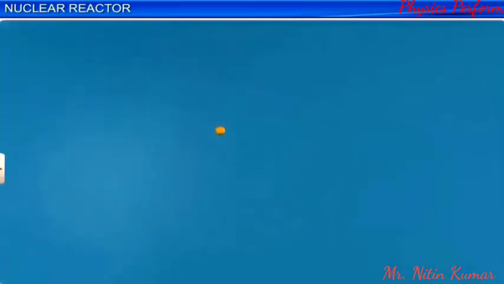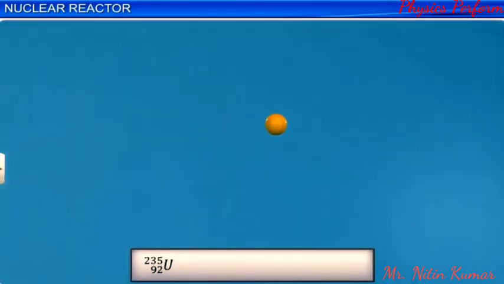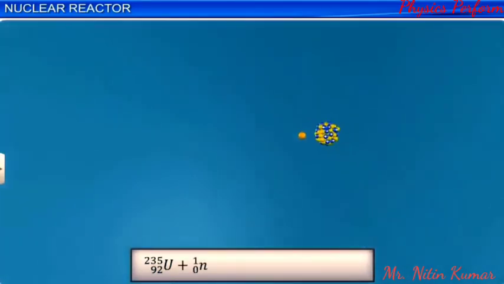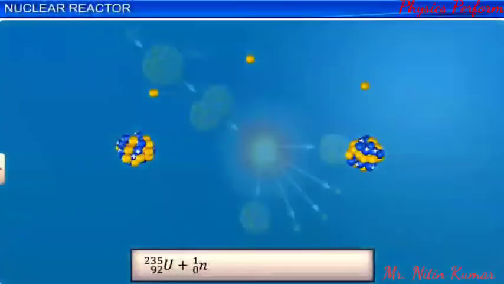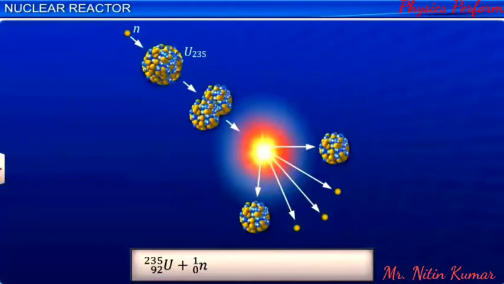We know that when a uranium-235 nucleus absorbs a neutron, it undergoes fission and in the process releases neutrons. Nuclear fission of a heavy nucleus like uranium-235 yields enormous amount of energy. Also, 3 neutrons are released along with the fission products.